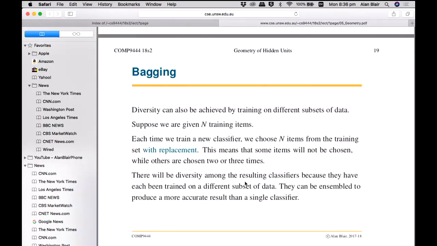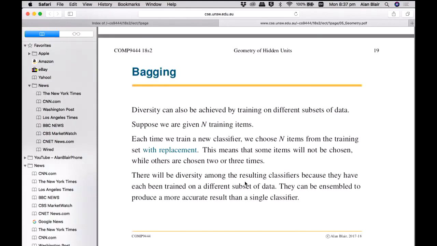This is another trick that's sometimes used. It's called bagging. I have 100 training items, and I train a neural network on those 100 training items. If I train the same neural network on those same items with different initial weights, I might get a slightly different answer, but probably not much different, right?